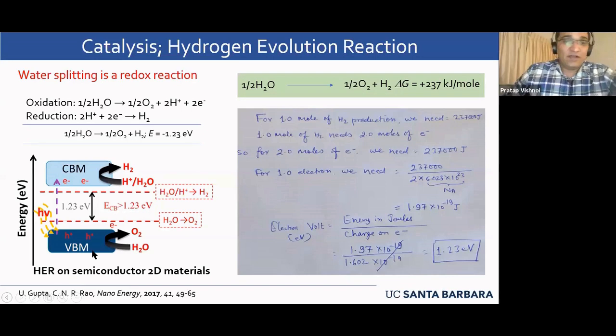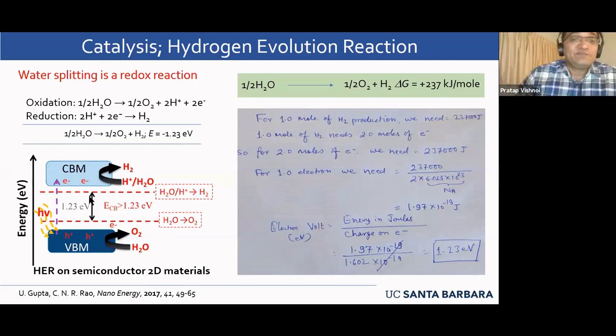Once the valence electron, they were here and somebody jumped to this level, now these electrons have that energy, what was given by some source. Once any electron has that energy, which is more than this value, that electron should do this job, should give hydrogen if that electron is dumped in water.